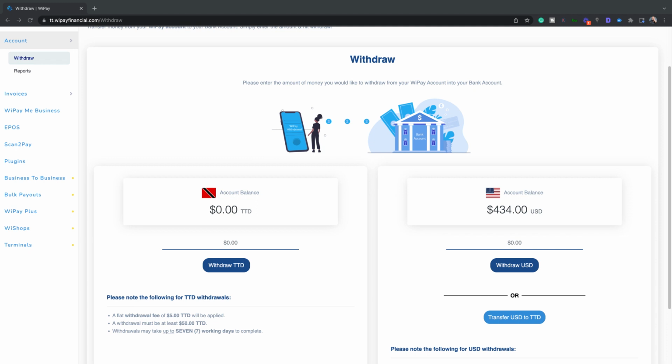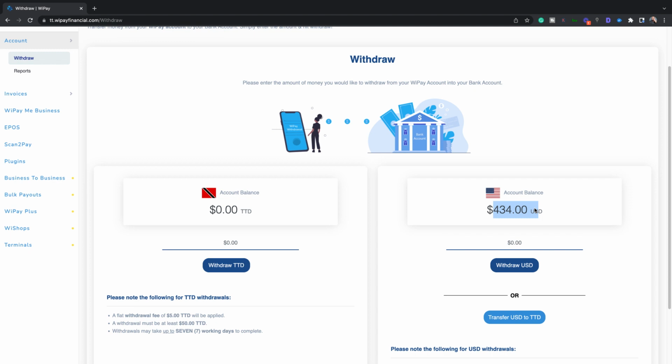So if a person is paying you with a credit card that's in your home currency, it will automatically go into this side. All right. If somebody is paying you with US currency or any other currency outside of your home currency, then the money is going to be deposited into your US account balance.